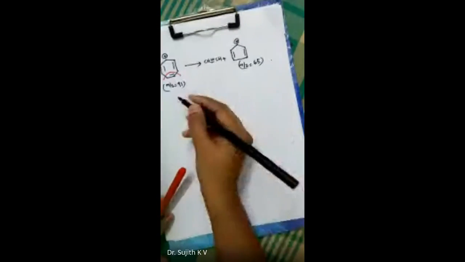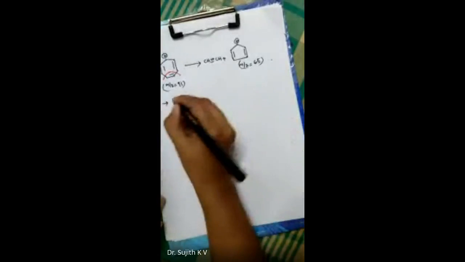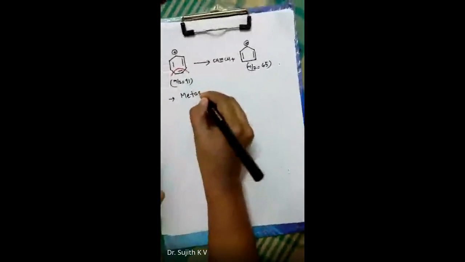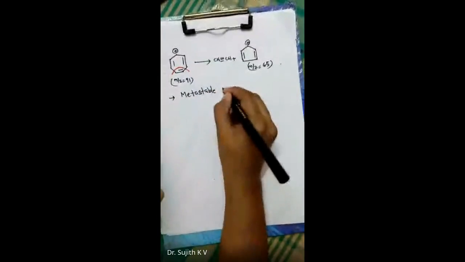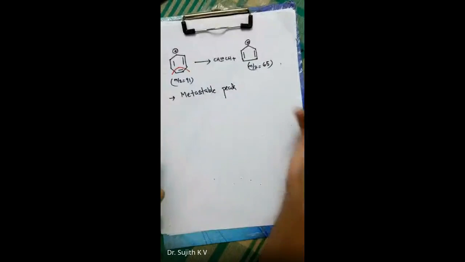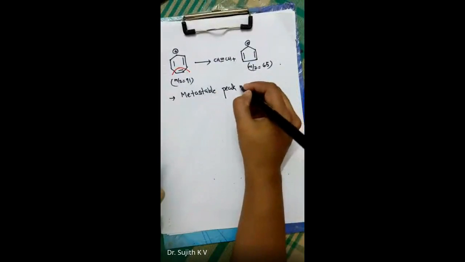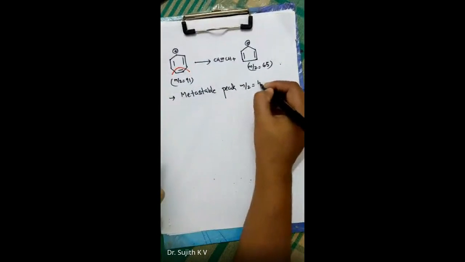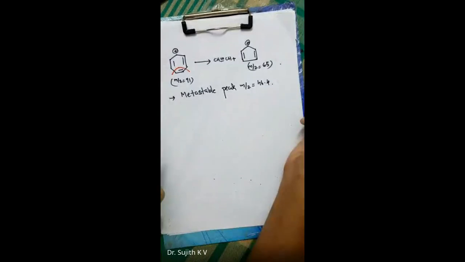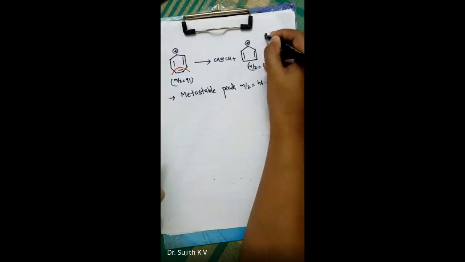Okay, hope it is clear. And one more thing, there is a metastable peak. There is a metastable peak at m/z equal to 46.4. You might be remembering the metastable peak m star.